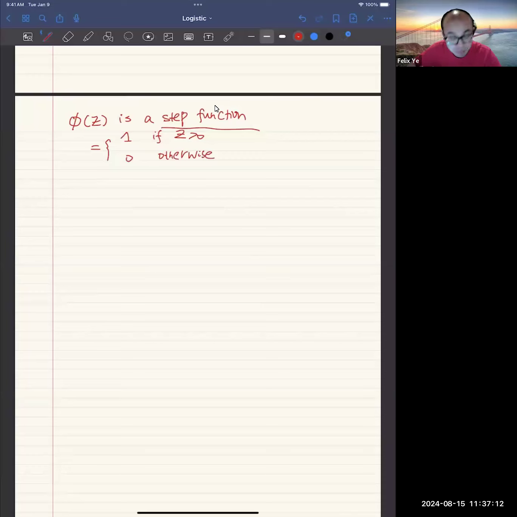But it turns out this is a really bad choice of function. So we can replace this activation function with a sigmoid activation function.